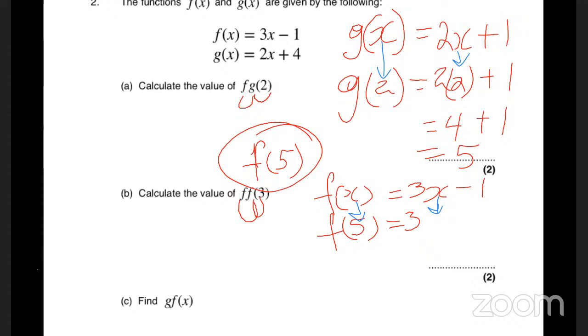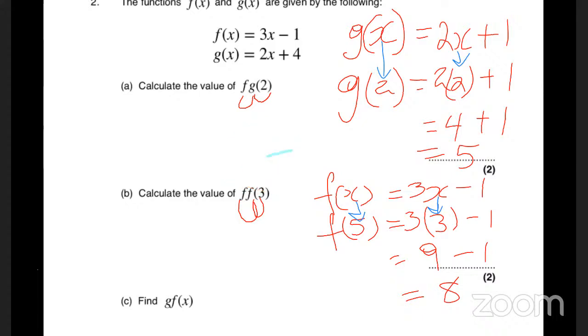So the value of x there is going to be 3 times 5 minus 1. Now we have 3 times 5, which is 15, minus 1, which is going to give us 14. And that's our answer. So now we come back up here. We'll just tidy it up a bit. And they ask us for f of g of 2. Let's just write it in the space here. f of g of 2 is actually 14. Good.